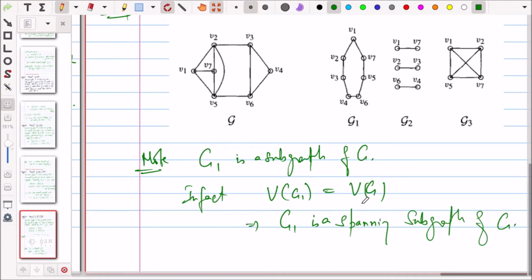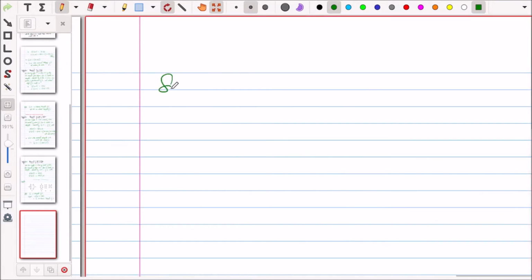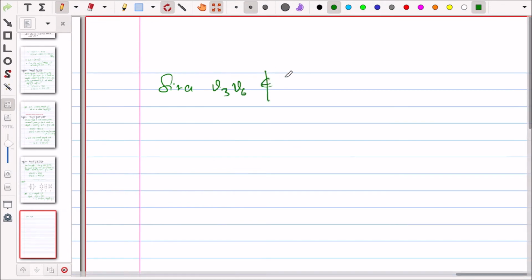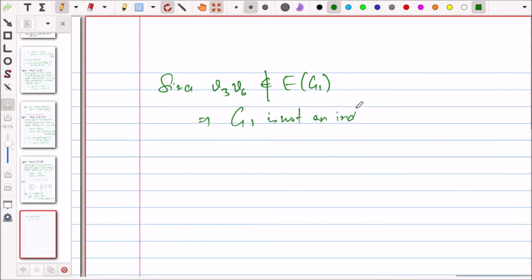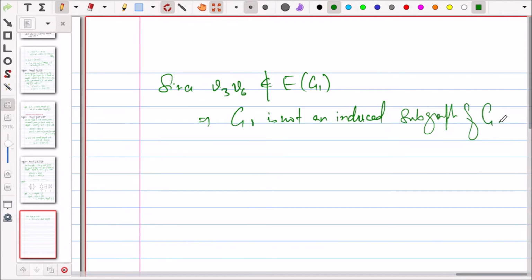Also, which edge is missing in this? Tell me one edge that is missing. V3 V6, right? This is visible, isn't it? Since V3 V6 does not belong to E of G1, G1 is not an induced subgraph of G. Okay? So it is a spanning subgraph, but not an induced subgraph.